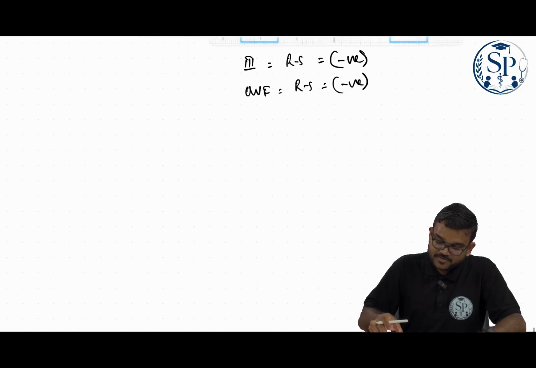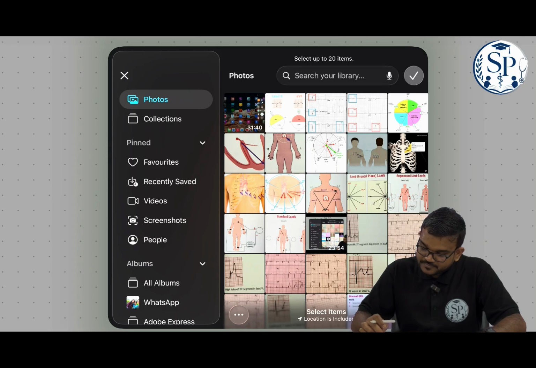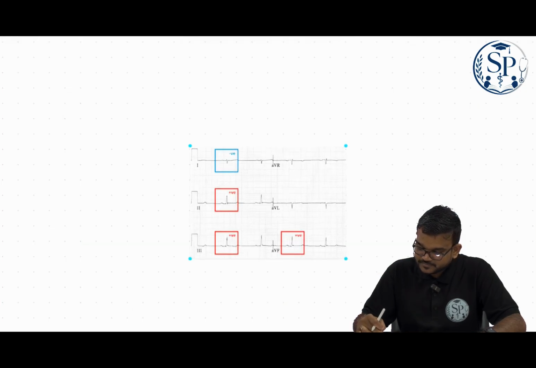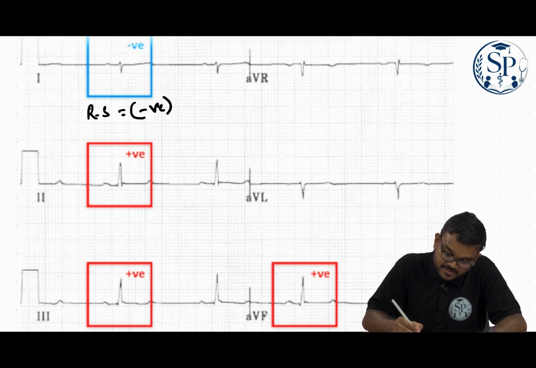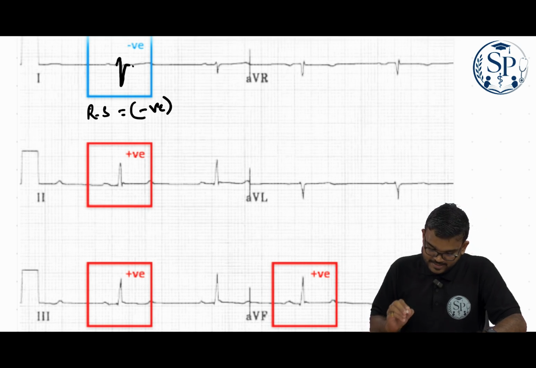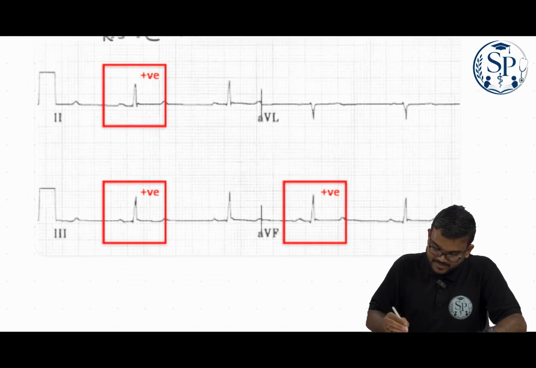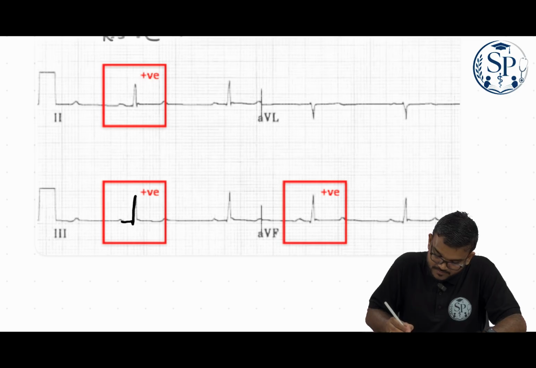Now coming to the concept of another ECG. See here, in lead 1 the R minus S is negative; the R is this one and the S is more negative. So the R minus S is negative. In lead 3, the QRS, the R minus S is positive.